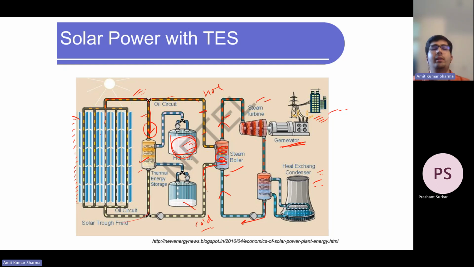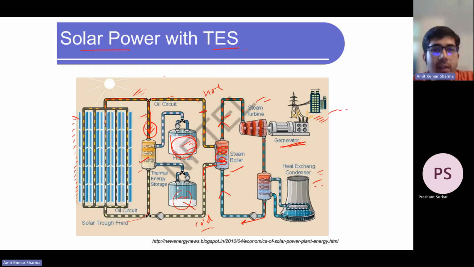Now, suppose we don't have enough solar energy. Then this reverses: the hot salt supplies energy to this fluid, which becomes heated, and the salt returns to its earlier state. In this way we can store the energy. So this is the use of solar power with a thermal energy storage system.